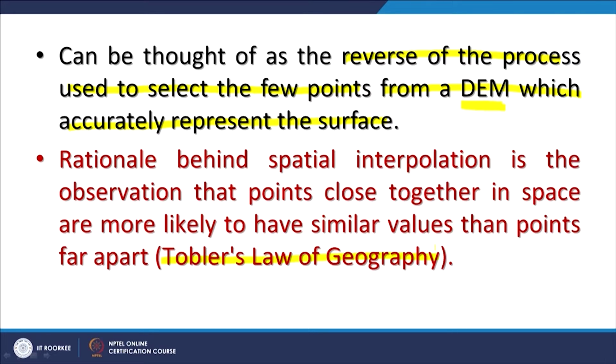So, points close together in space are more likely to have similar values than points far apart. This was proposed by Tobler's law of geography, which is definitely very much implemented in GIS.